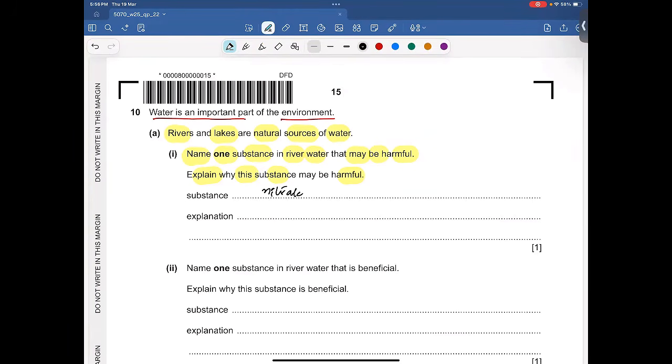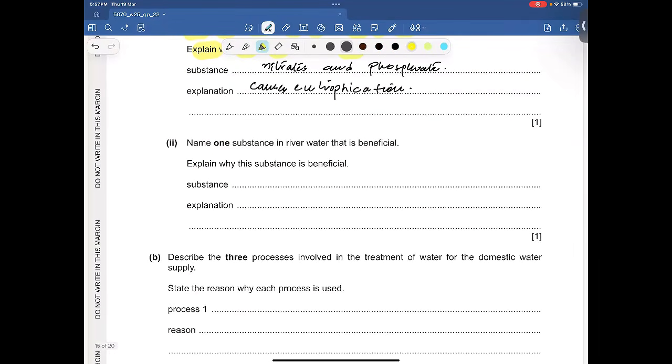So, this part has multiple answers. Nitrates and phosphates are easier. Explanation: these cause eutrophication, and eutrophication means deficiency of oxygen in water. Okay. Name one substance in river water that is beneficial.